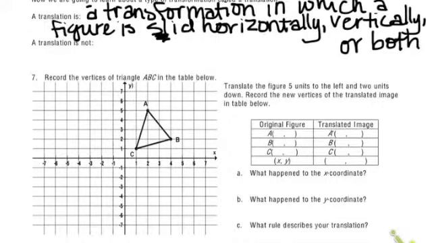Okay. So once again, a translation is a transformation in which a figure is slid horizontally, vertically, or both.